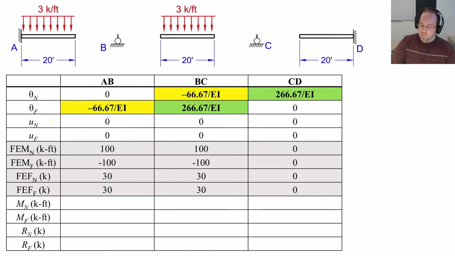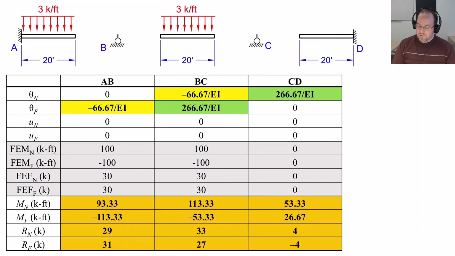And I also solved for rotation at C, which is the far rotation for BC, and the near one for CD. Next, we can substitute those all into the slope deflection equations, and I strongly encourage using a spreadsheet for this. It's very tedious, but it is not too challenging. So once we do that, we'll find all of our moments and forces for AB, BC, and CD.